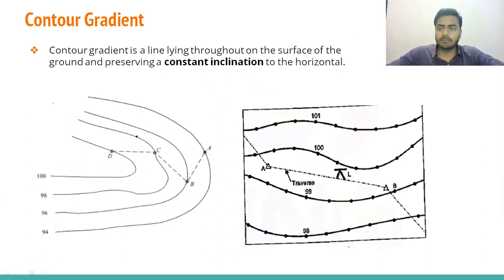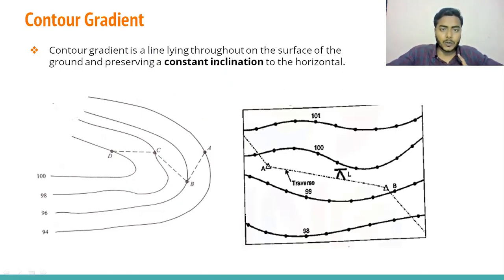The contour gradient is very useful to get the intervisibility between two points. If the ground is lying below this contour gradient, we can say these two stations are visible to each other, right?